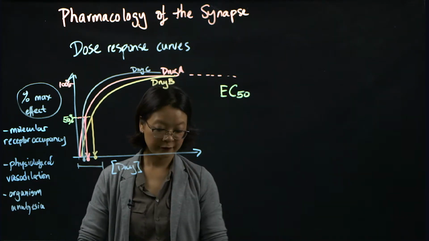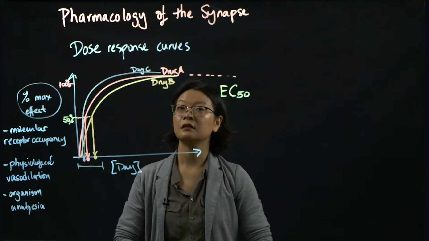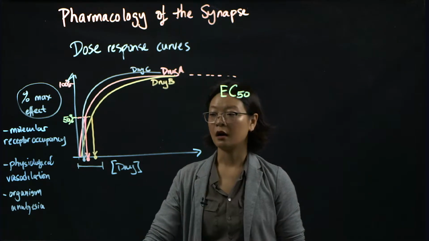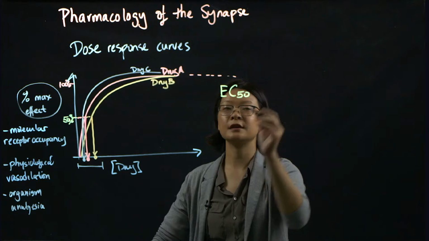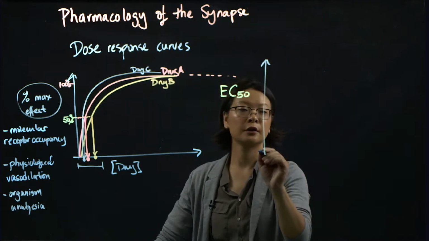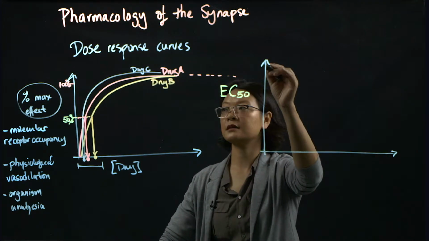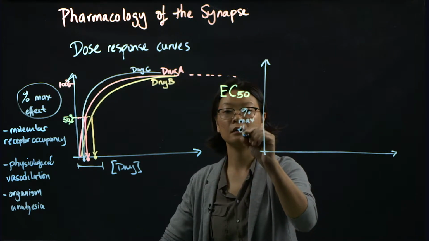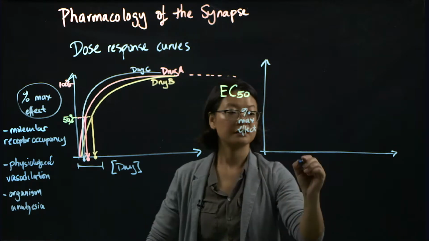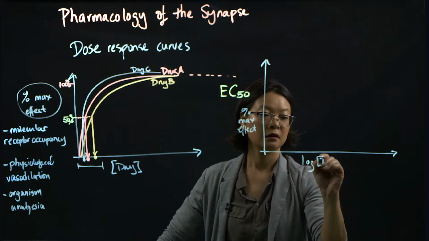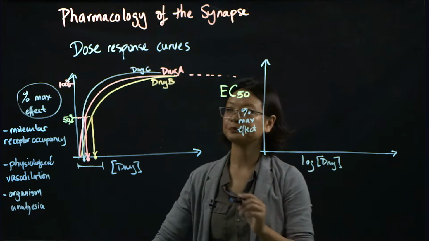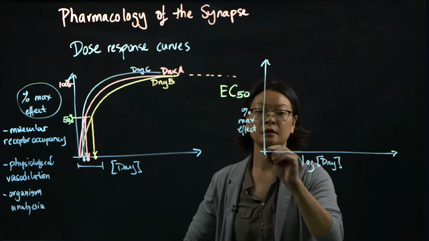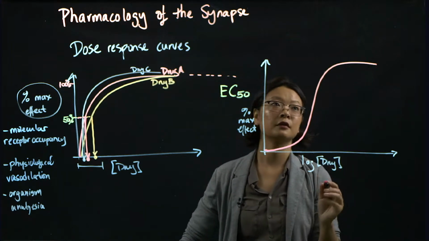So in pharmacology, more often than not, you will see the dose-response curve turned into a semi-log curve. So if I redraw this over here, where this is still the same percent max effect, but now this becomes the log of your drug concentration, the hyperbolic curves will turn into sigmoidal curves.